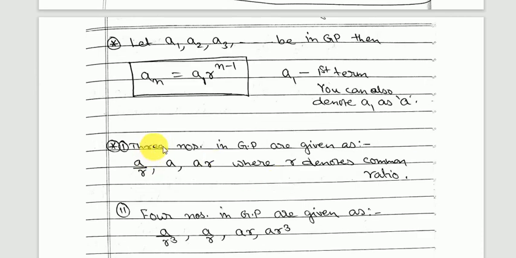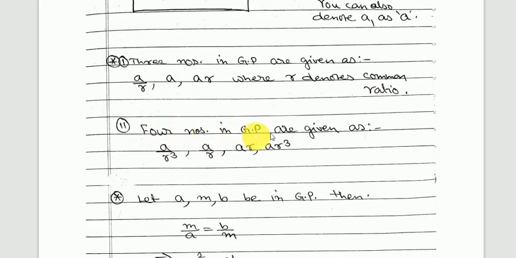Next, three numbers in GP are given as this: A upon R, A, AR, where R is the common ratio. Four numbers in GP are given as this: A upon R cube, A upon R, AR, A into R cube.